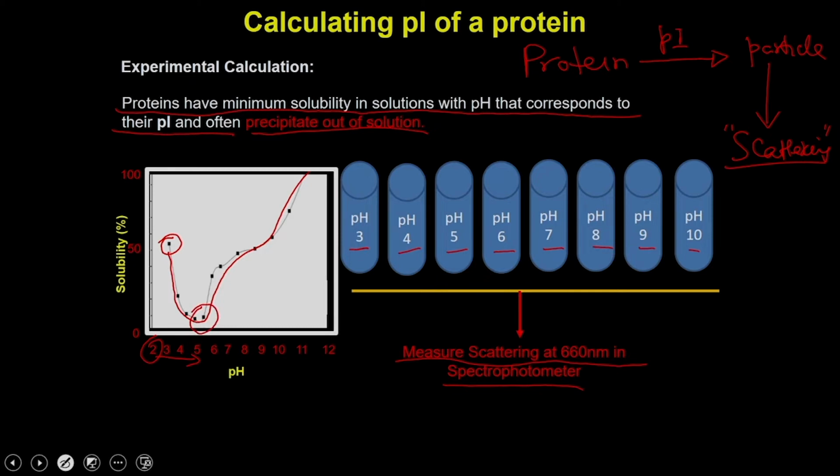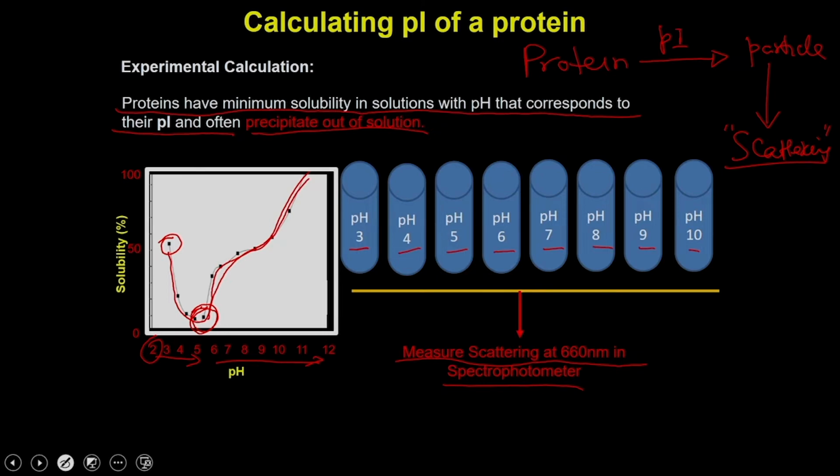Once it reaches the minimum solubility, if you increase the pH again, it regains the charges and becomes soluble in the solution again.